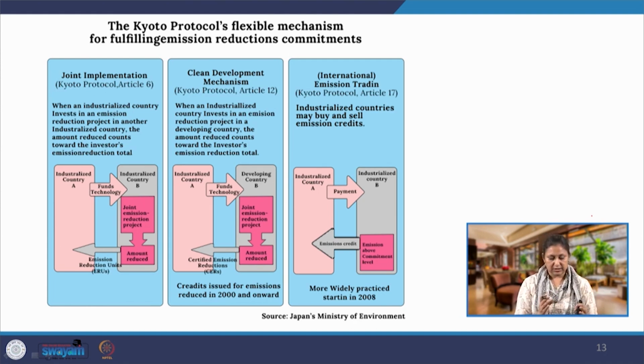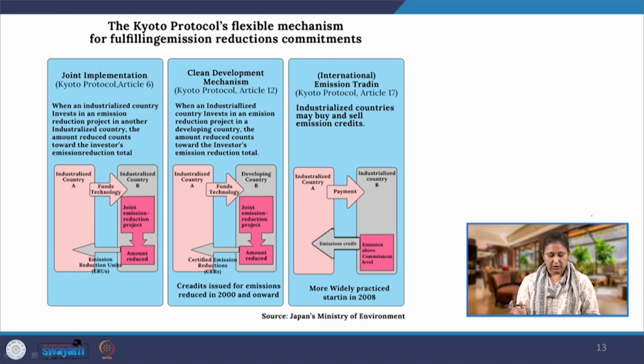This is called certified emission reduction, when the industrialized country funds an emission reduction program in a developing country. The joint implementation mechanism is where an industrialized country funds a greenhouse gas emission project in another industrialized country. In that case also the investor gets the benefit, and these are called emission reduction units or ERUs.